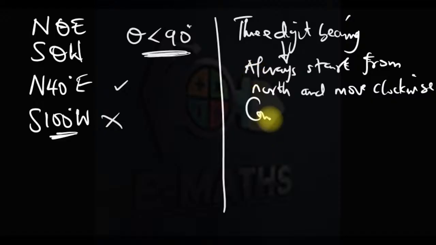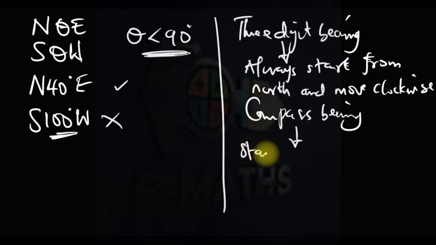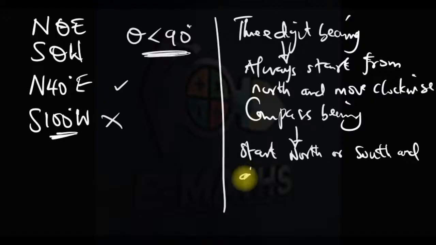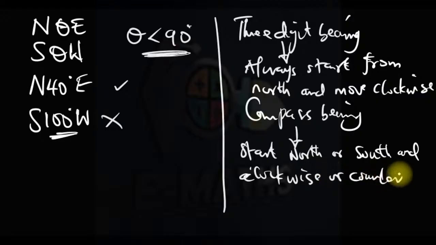But for compass bearing, we start from north or south and move clockwise or anti-clockwise. So that's it.